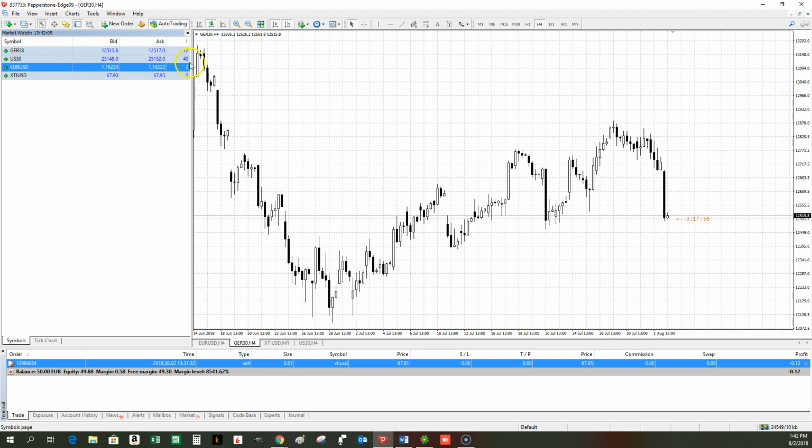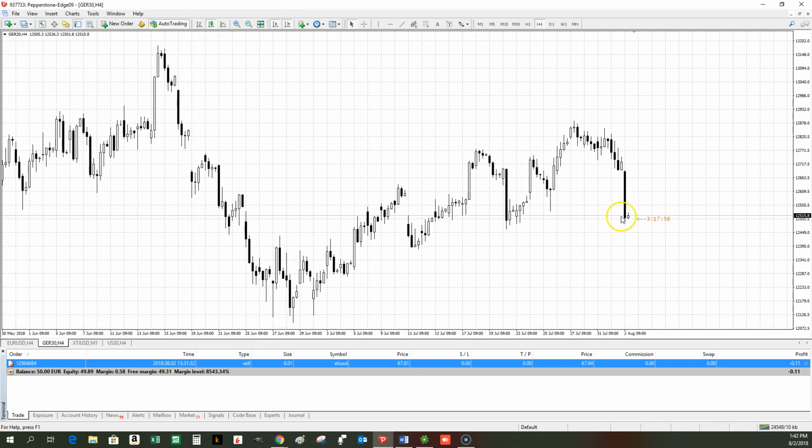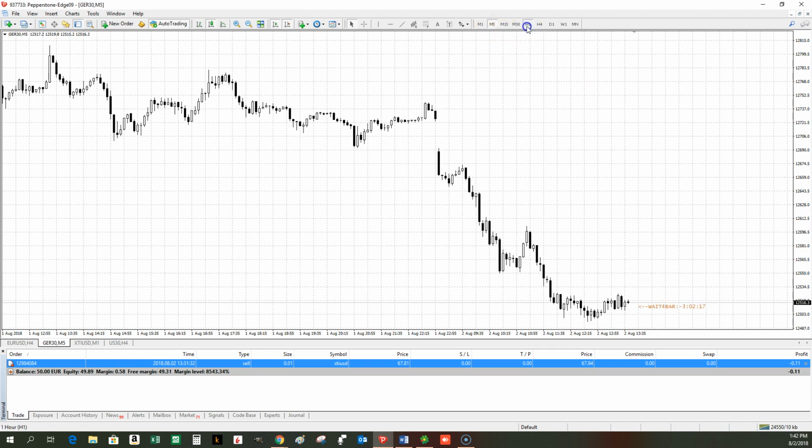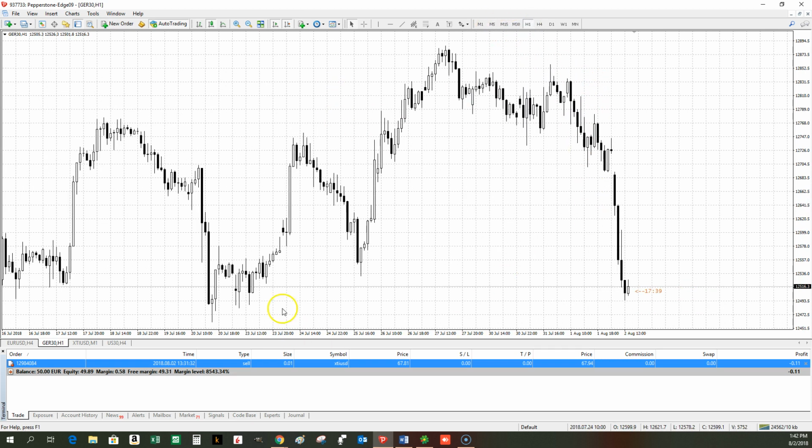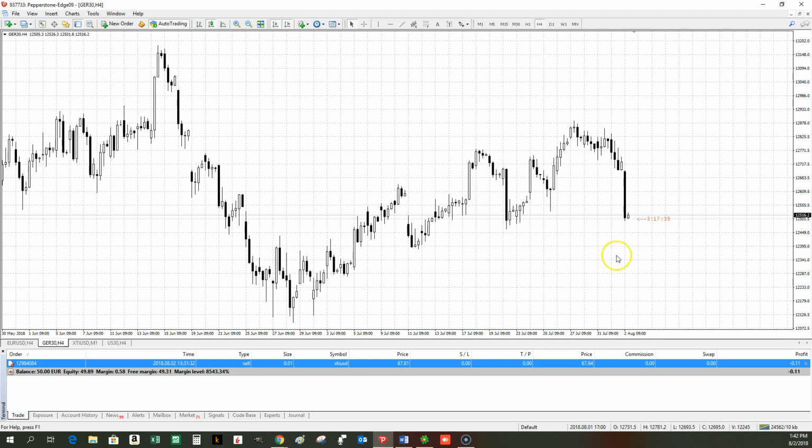Okay. So let's go to the DAX and check, because the DAX is moving more. It's moving much more than the oil. So I want to check what's going on. We saw that the global trend is going down. Let's see.